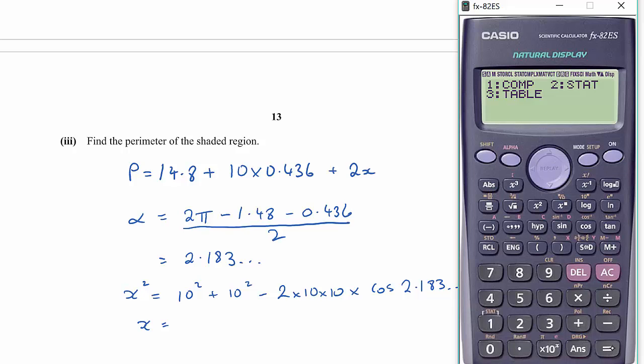So radians, okay. So we've got 10 squared plus 10 squared, take away 2 times 10 times 10 times the cosine of my last answer. And we need to square root that. And that will give me 17.749.